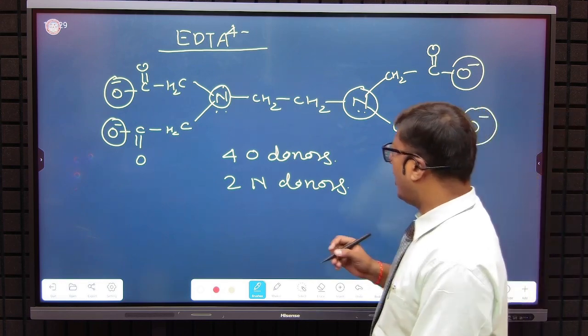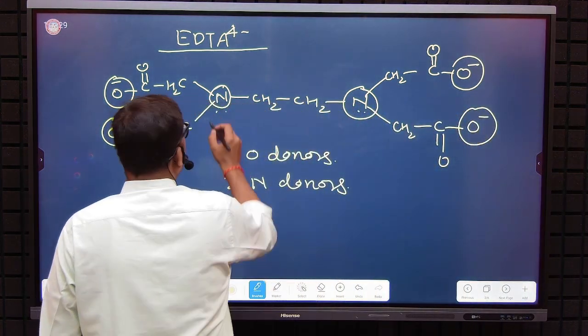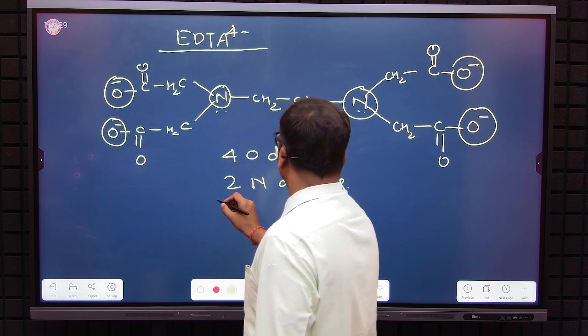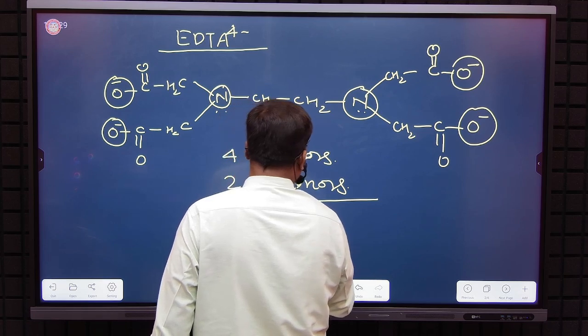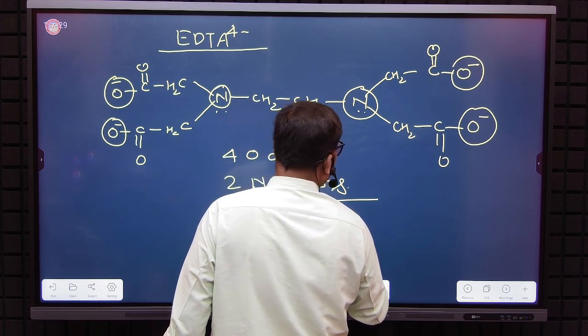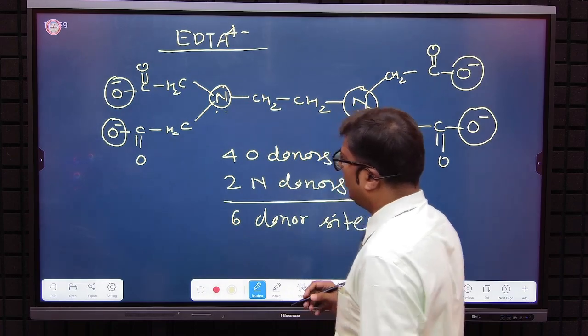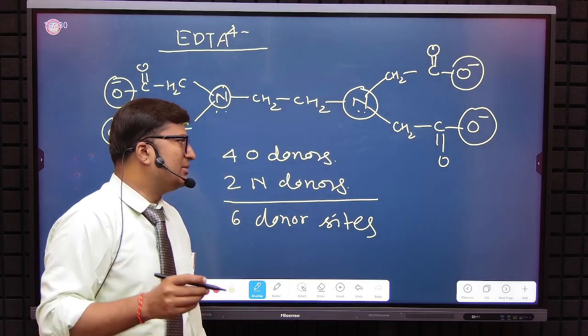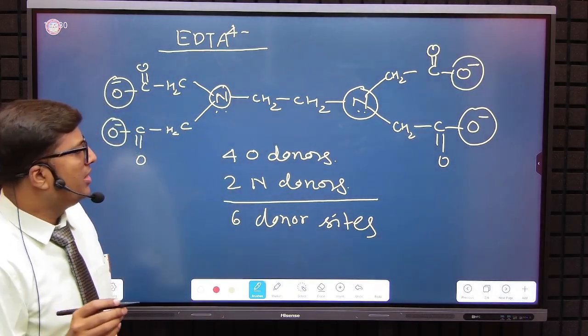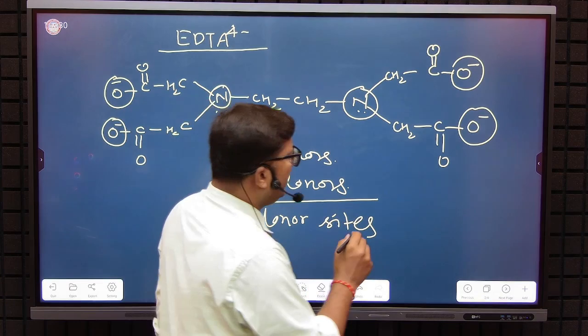So overall, it has 6 donor sites. It means such a type of polyanion Lewis base is called a hexadentate ligand, right?